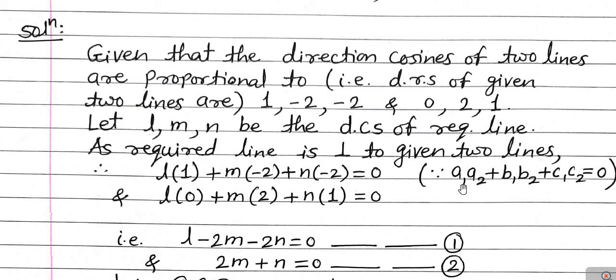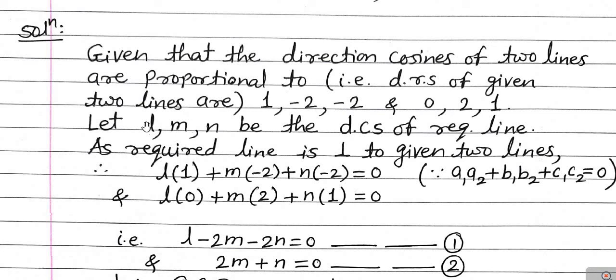So in this one, put the values of A1, B1, C1 and A2, B2, C2. Therefore we will get 1 into L, means L into 1, plus M into minus 2 plus N into minus 2 equal to 0. This is as the required line and the given first line are perpendicular. Therefore we have got this relationship. Similarly, the given second line and the required line are also perpendicular.